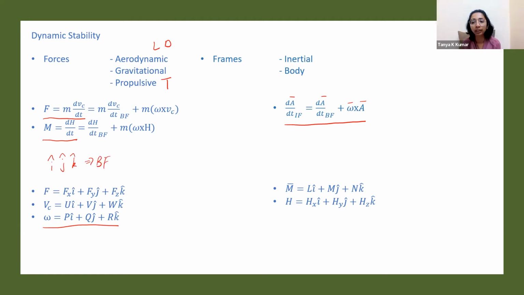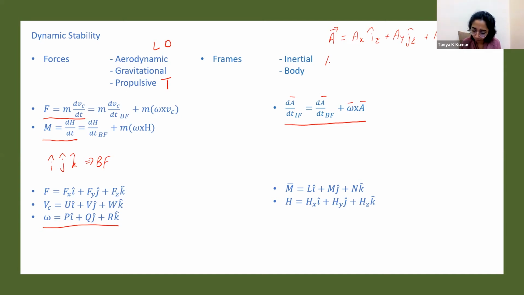Given any vector, you can define it in any frame. So if I define A in the inertial frame, the A vector would be Ax iE plus Ay jE plus Az kE.